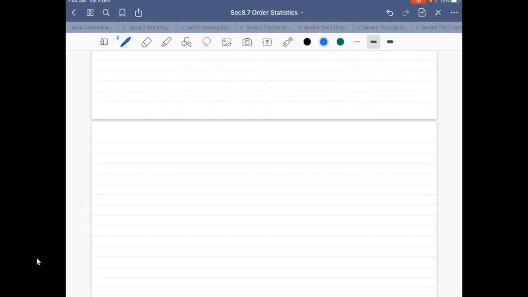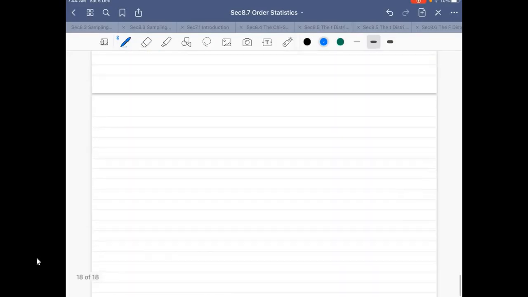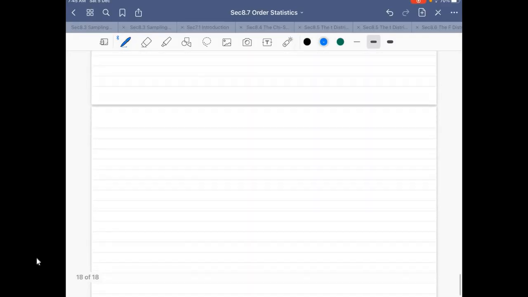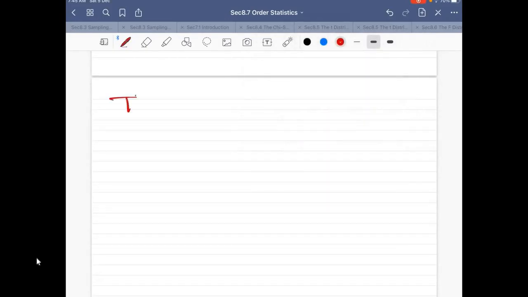Alright, so in this way we finish this exercise. There is another theorem also regarding the sampling distribution of the median, and it says the following.